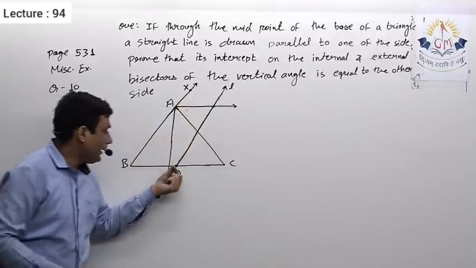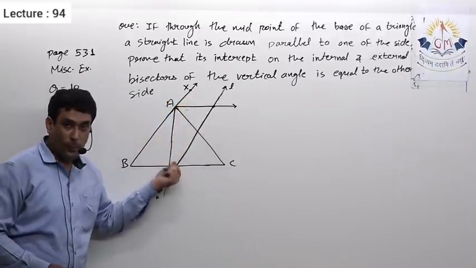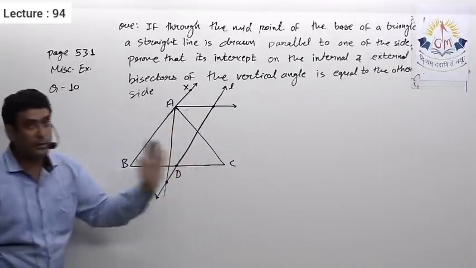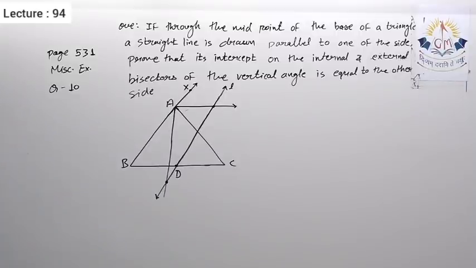I draw a line from the midpoint of BC parallel to AB, so the other side is AC. That means we have to prove that it will be equal to AC.